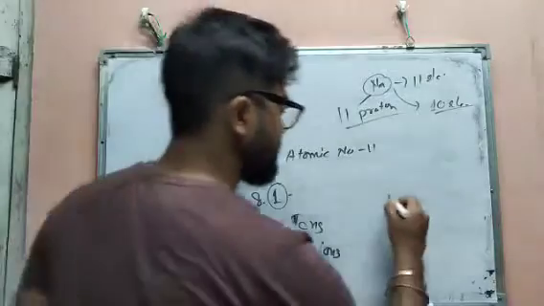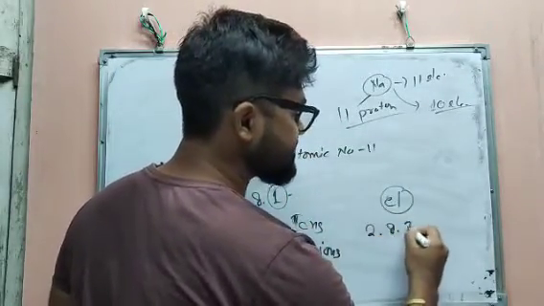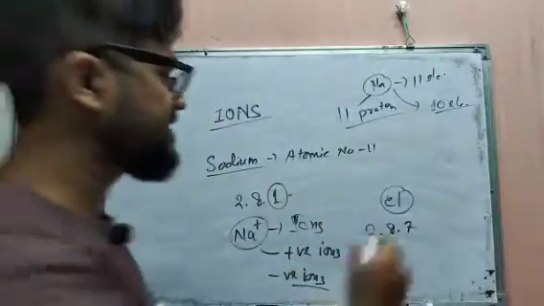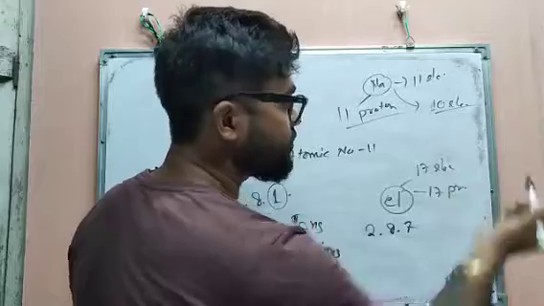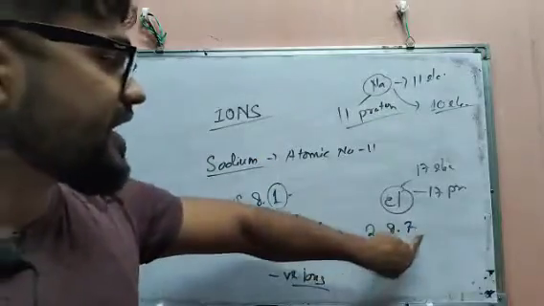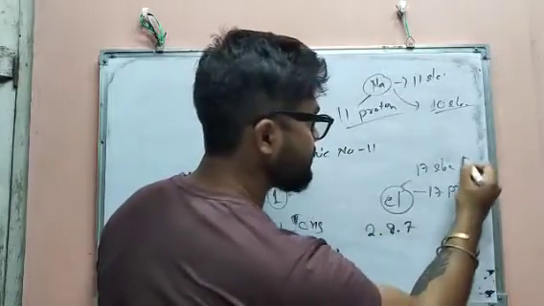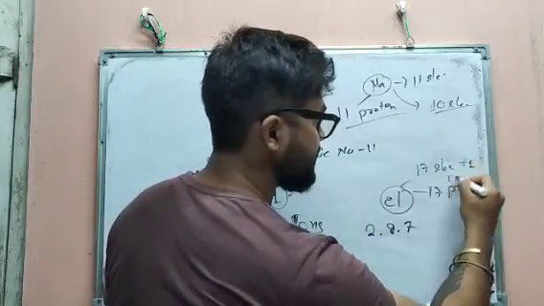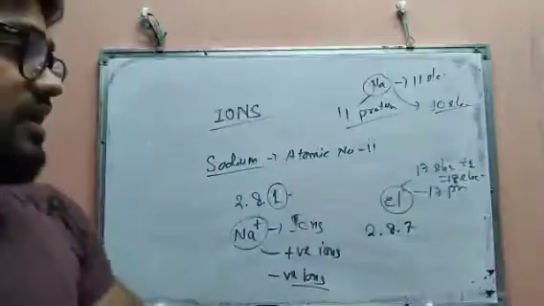Now for chlorine, the electronic configuration is 2.8.7, that is 17 electrons and 17 protons. As it accepts one electron from another atom, it will get one electron, so there will be 18 electrons.